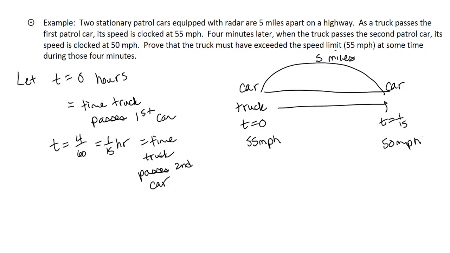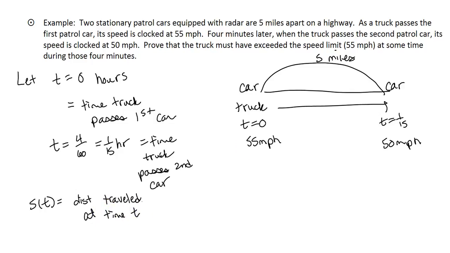Now, from the looks of it, it looks like the truck didn't pass the speed limit. It looks like they were going the speed limit and then they slowed down. So they probably wouldn't have gotten caught by the police cars, but we're going to show that they did have to at some point. So we're going to let s of t be equal to the distance traveled at time t.